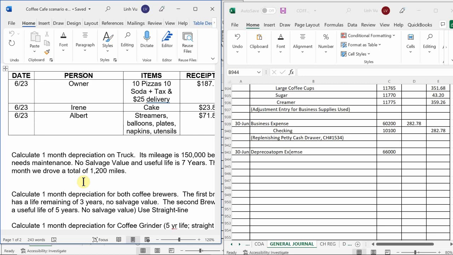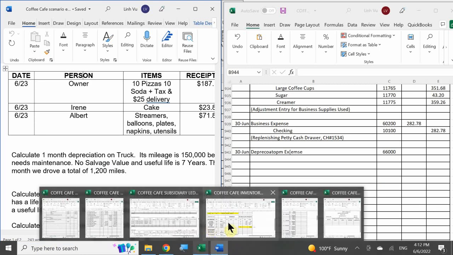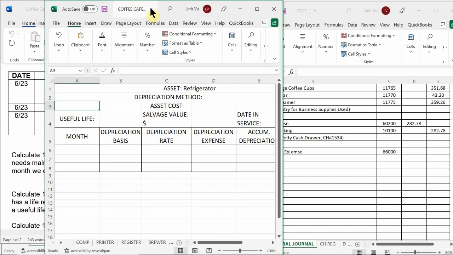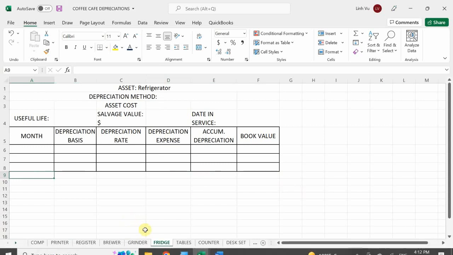In this case, this is a truck. It can only drive up to a total of 150,000 miles before it needs maintenance. So we're going to go ahead and visit our depreciation tables. Each and every single one is going to have its own separate depreciation here. So let's go ahead and locate that truck.